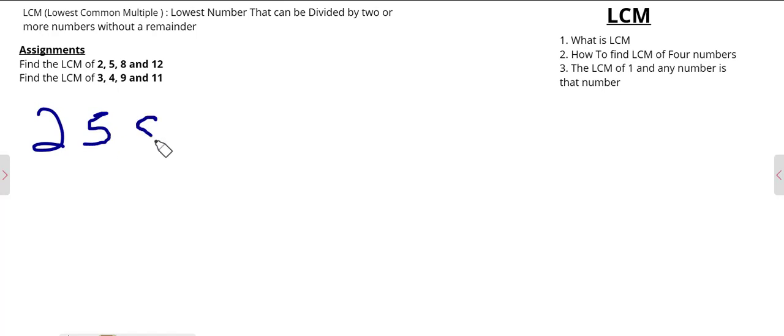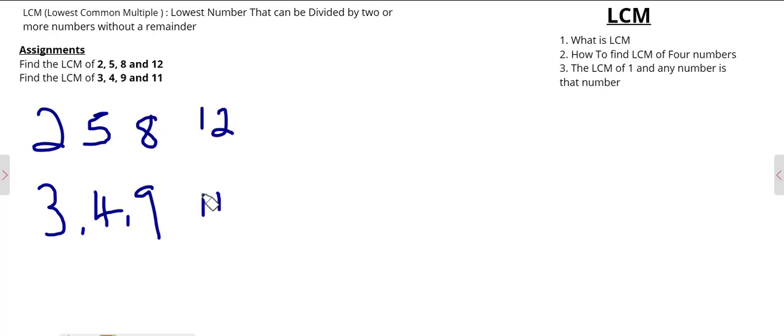And the second assignment is the LCM of 3, 4, 9 and 11. So try your hand on these assignments, and you can use them to check your progress, your understanding of LCM from the beginning of this series.